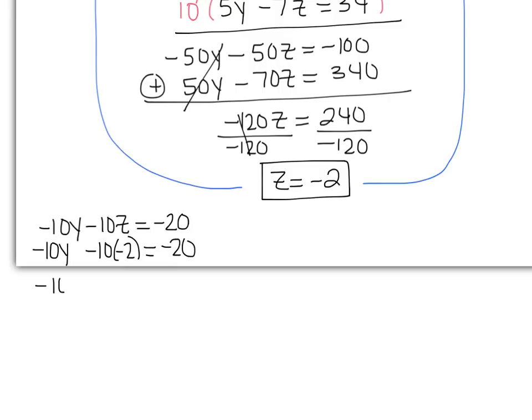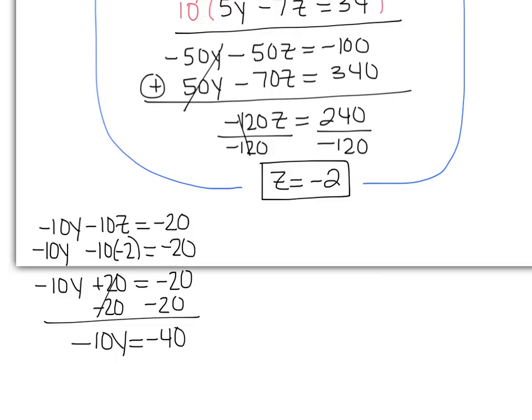So negative 10y plus now 20 equals negative 20. Subtract the 20 on both sides. So negative 10y equals negative 40. Divide by negative 10. y equals 4. So now we found the y value.